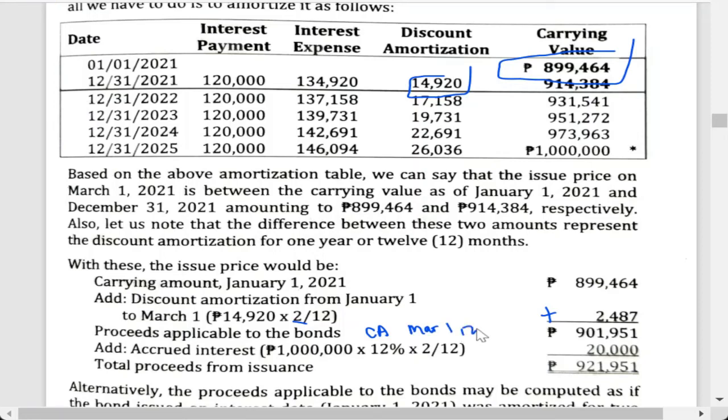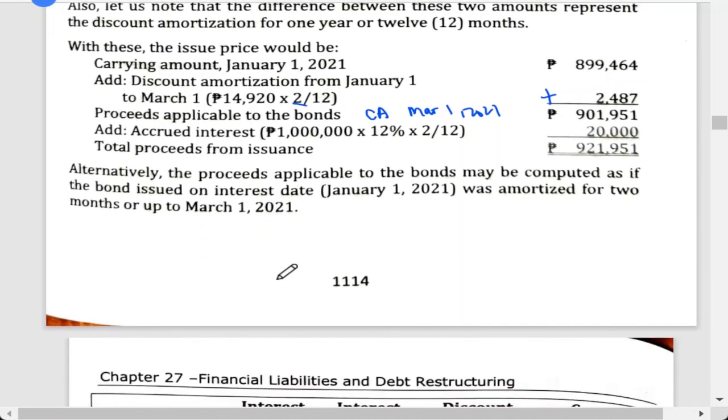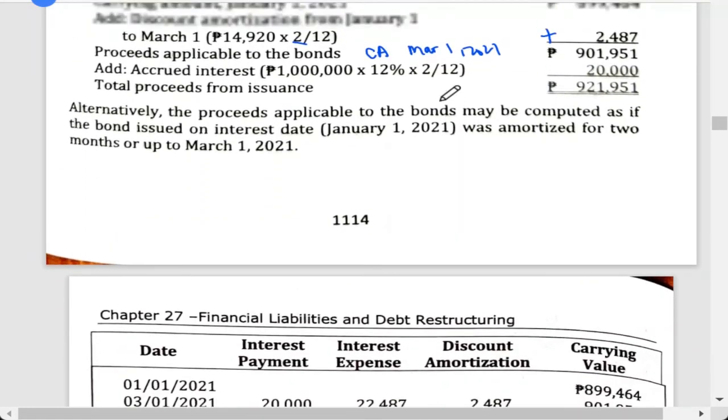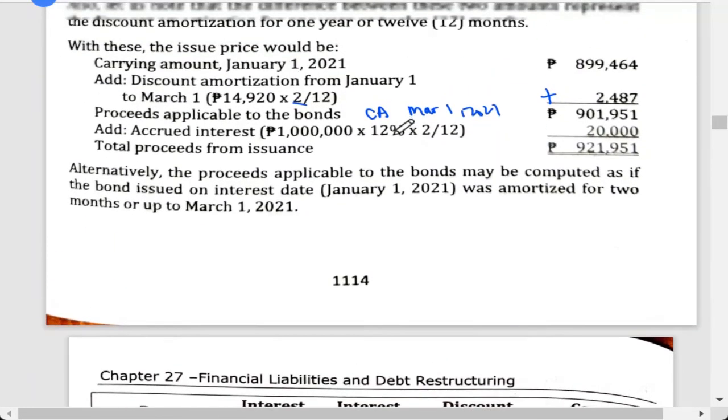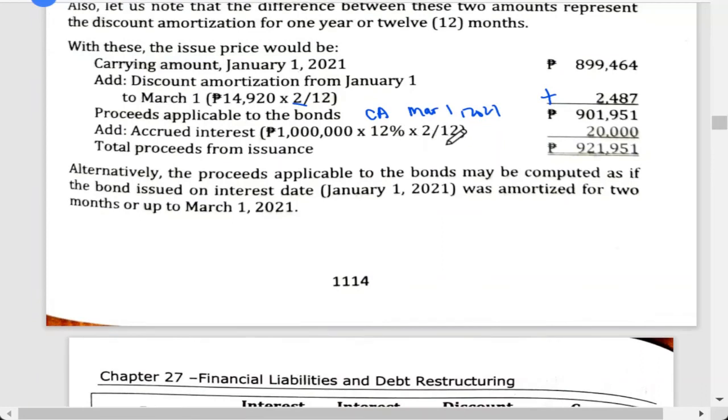Then we include the accrued interest so that we know how much we received from the issuance of the bonds. That's 1 million times 12% times 2 over 12. Good for 2 months.